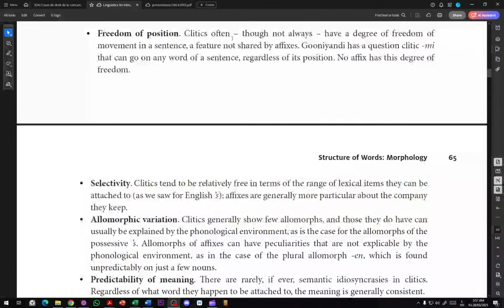Clitics often, though not always, have a degree of freedom of movement in a sentence, a feature not shared by affixes. Gunyandi has a question clitic me that can go on any word of a sentence, regardless of its position. No affix has this degree of freedom.